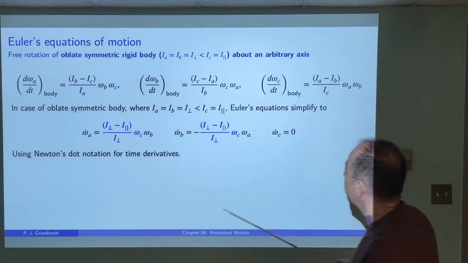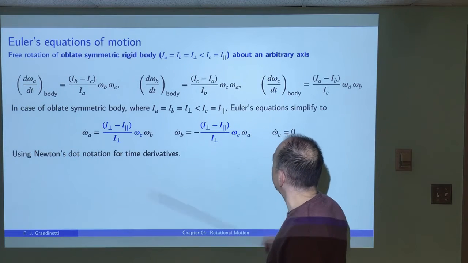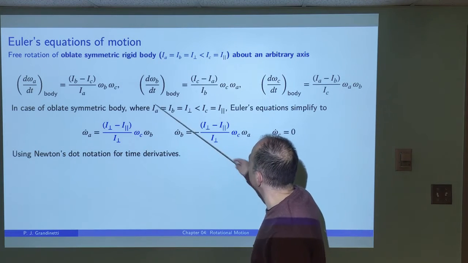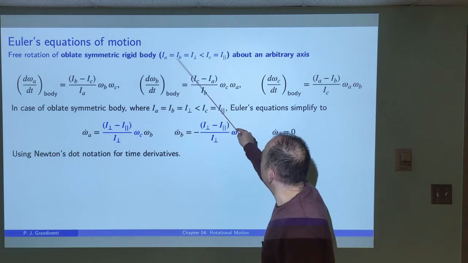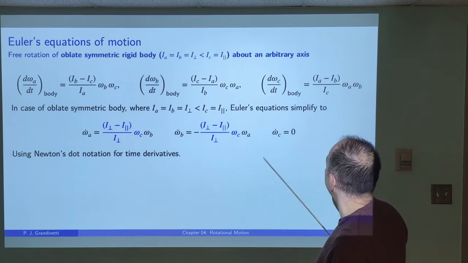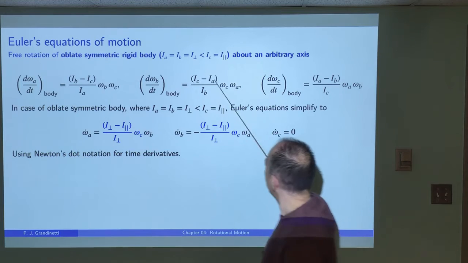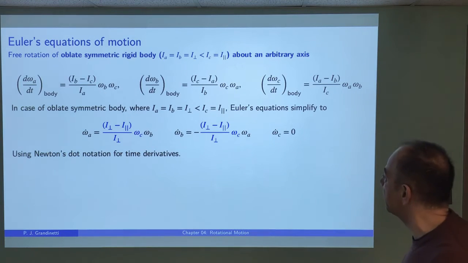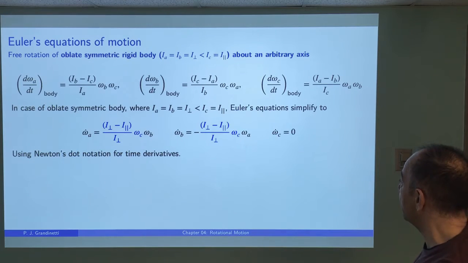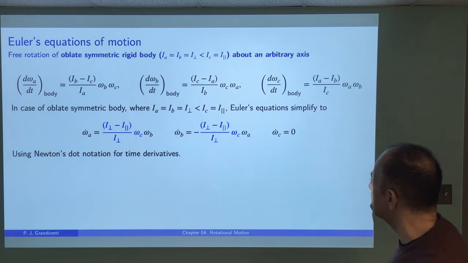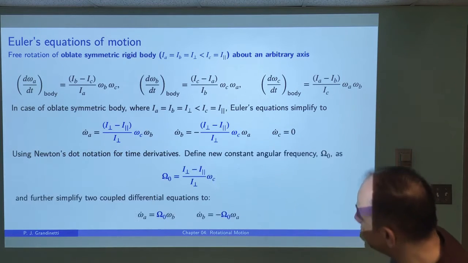And so what we're going to do is take our conditions for the moment of inertia tensor, the principal components, and we define these values here. So what we see is that if A and B are equal, then this term is going to make the derivative of the C component equal to 0, whereas these are going to be given by these expressions here, where I've substituted in the I parallel and I perpendicular. Now I'm also using Newton's dot notation for the time derivatives there.